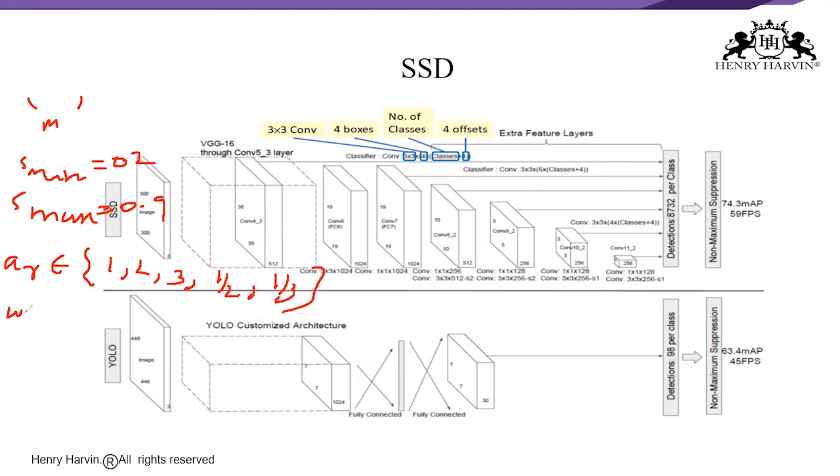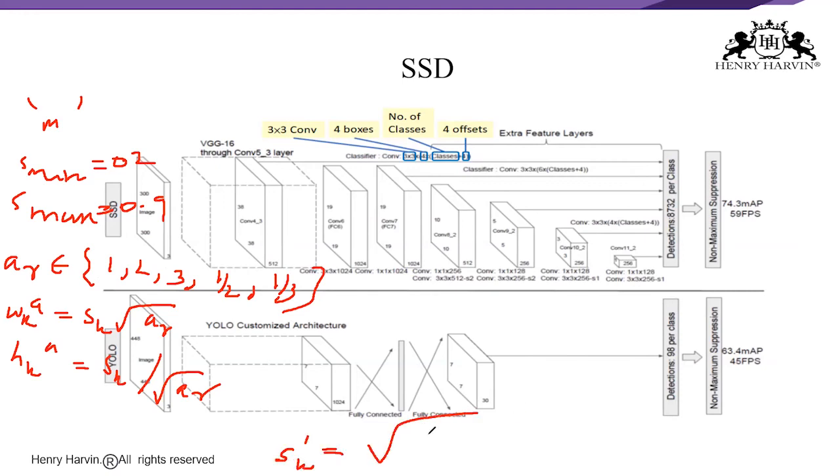And then I'm writing the width as Sk times square root of the aspect ratio A. For an aspect ratio of 1:1, we will be getting Sk dash equal to square root of Sk times Sk plus 1.